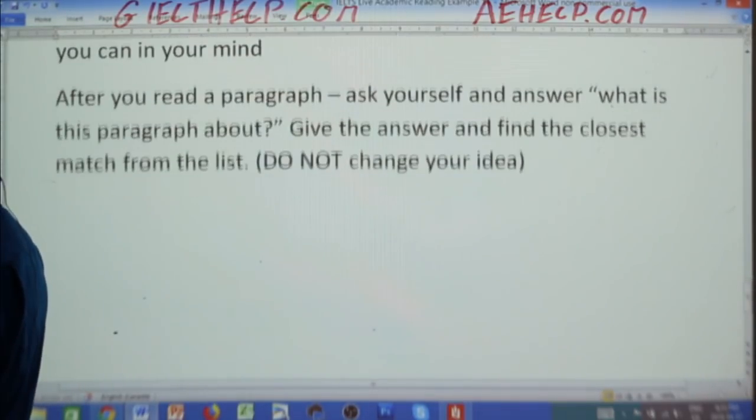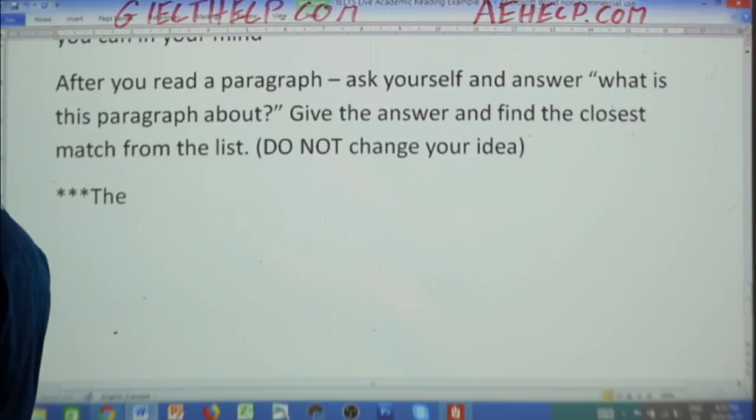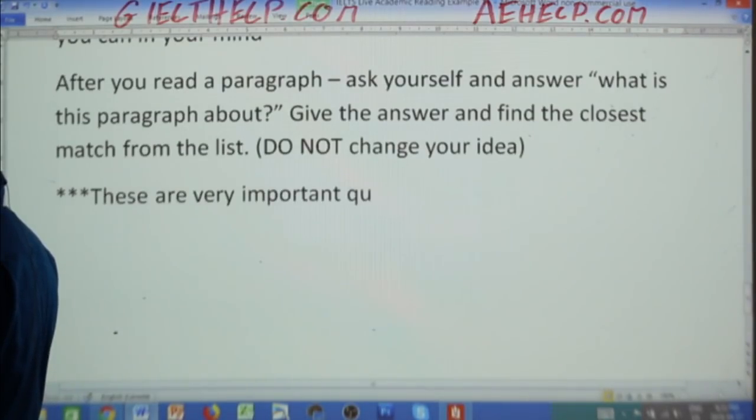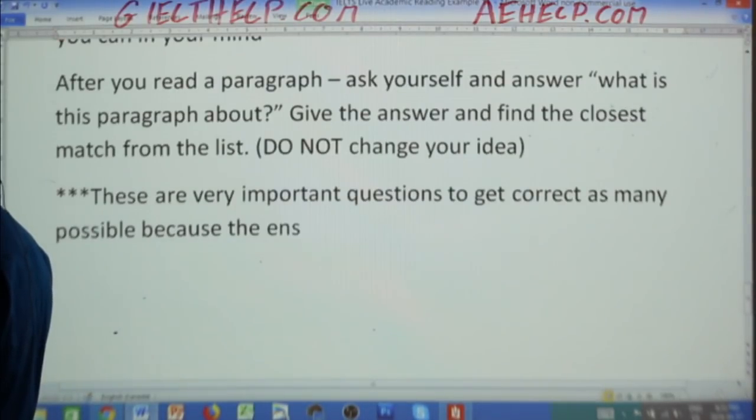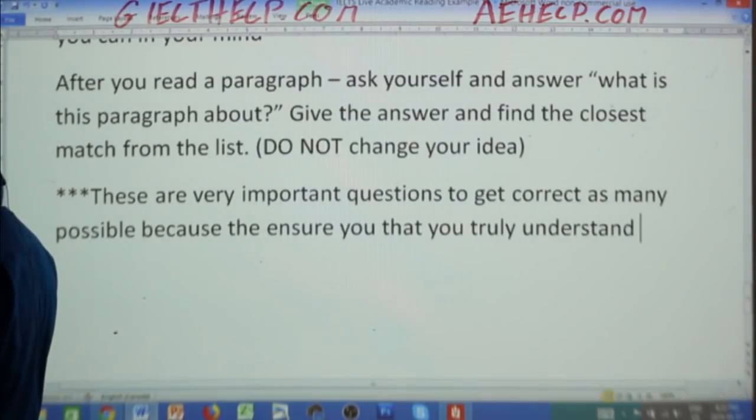And just one more note here. These are very important questions to get correct, as many as possible, because they ensure you that you truly understand what you are reading.